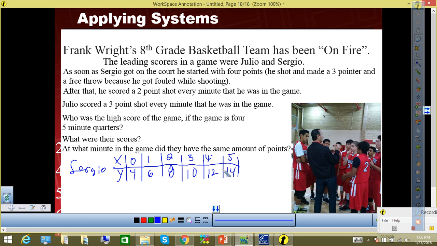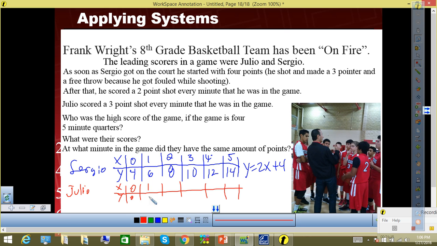Who has an equation for Sergio already? Yes, Mason. Hands if you agree, y equals 2x plus 4? That is correct, because you're scoring 2 points every minute, and you already had 4 points. Now let me go with Julio. So Julio started with what, everyone? 0.